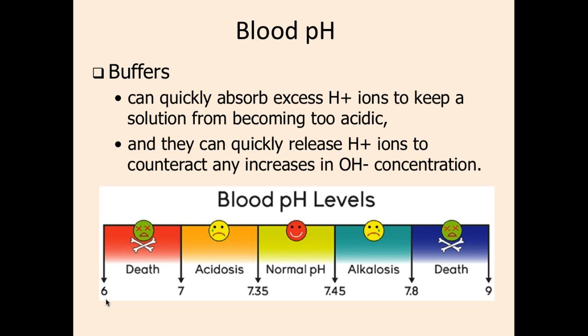And when everything is functioning properly in our bodies, we are capable of doing that and do maintain that narrow 0.1 range for our blood pH. But for example, with diabetics or people who suffer from hypoglycemia, they have difficulty doing this and can have some very serious health issues as a result.